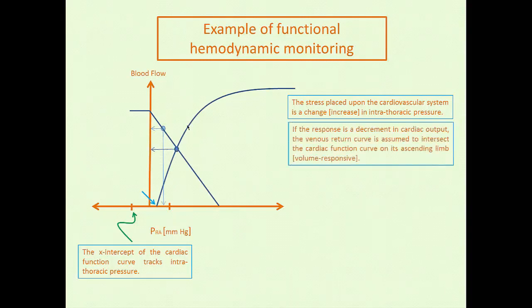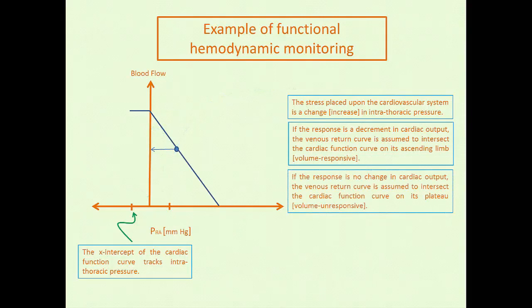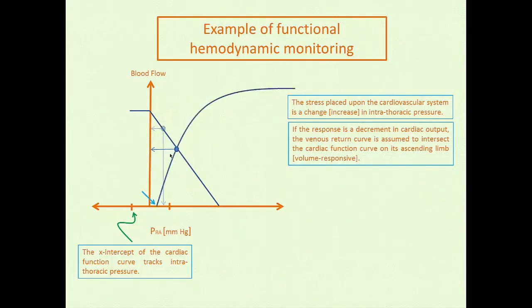Your cardiac output drops as a function of the increase in intrathoracic pressure on the right side of your heart, and you measure that a few beats later as a decrease in your left ventricular stroke volume or pulse pressure. And you say, well, that pulse pressure variation is therefore a marker of the patient's right heart being on the ascending portion of their Frank-Starling relationship, and therefore this patient will respond to a fluid bolus.